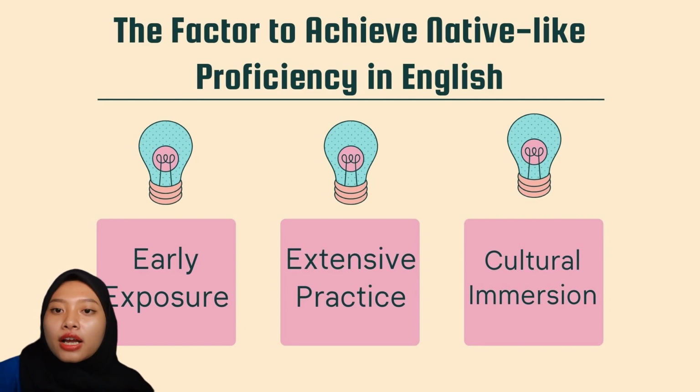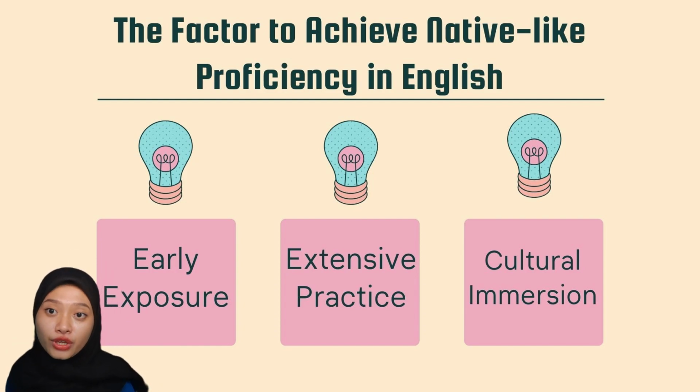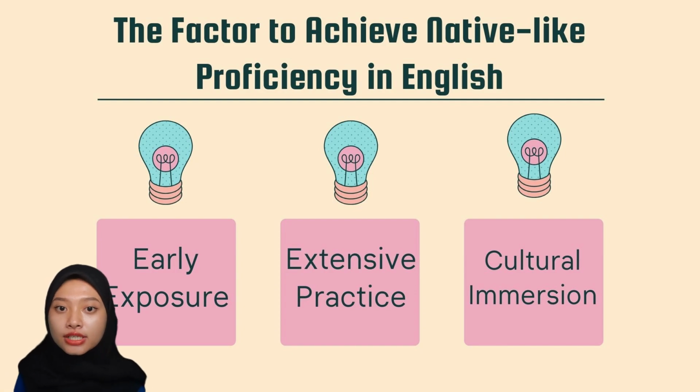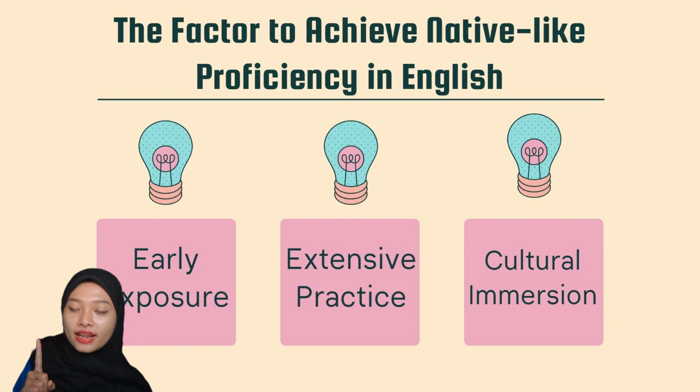The next material is the factors to achieve native-like proficiency in English. Achieving native-like proficiency in a second language, such as English, is a challenging goal and typically requires a combination of factors, including: 1.